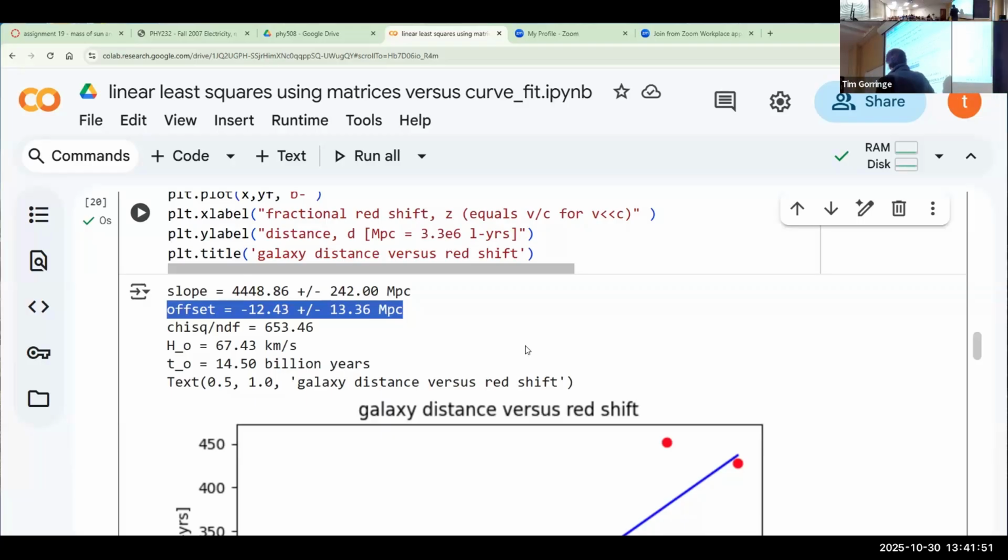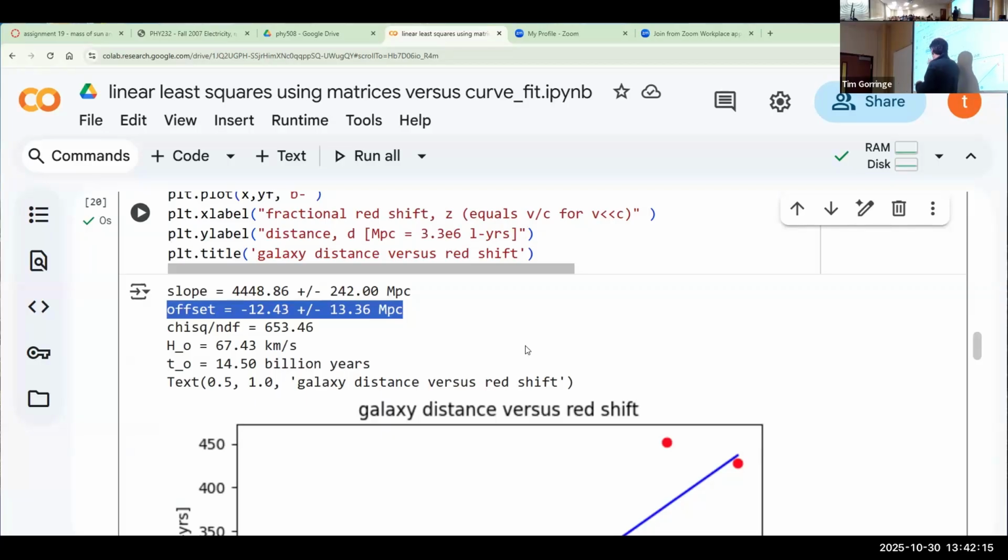And so I calculated the Hubble constant, and it should be per parsec there. We said it was about 70 kilometers per second per megaparsec. So my fit came out to be 67 kilometers per second per megaparsec.